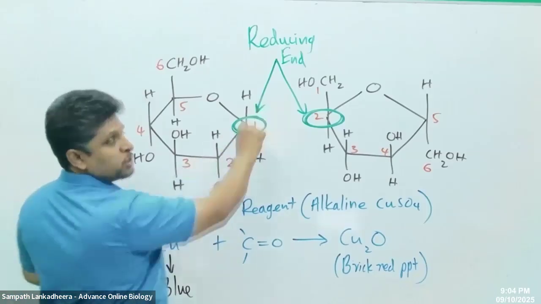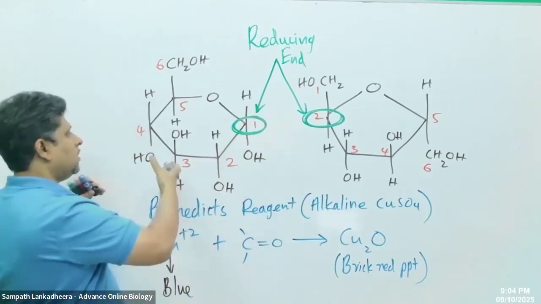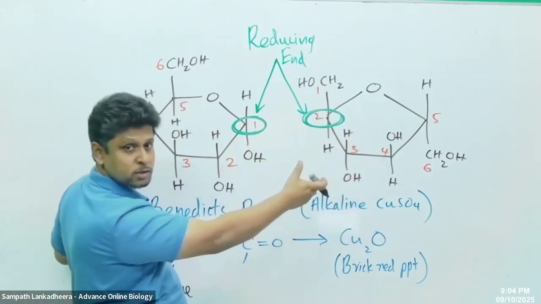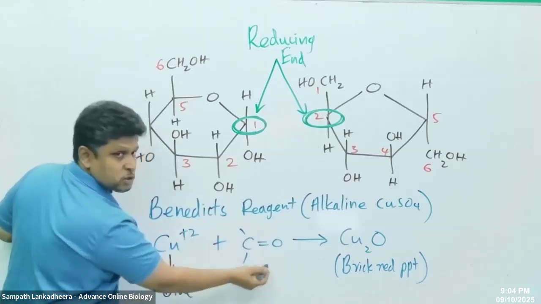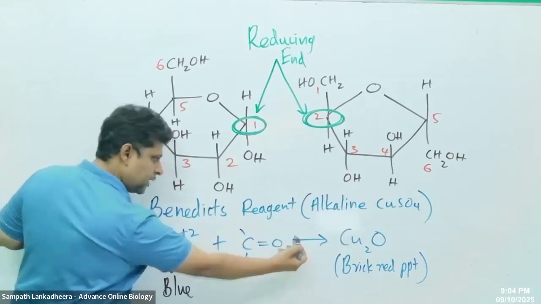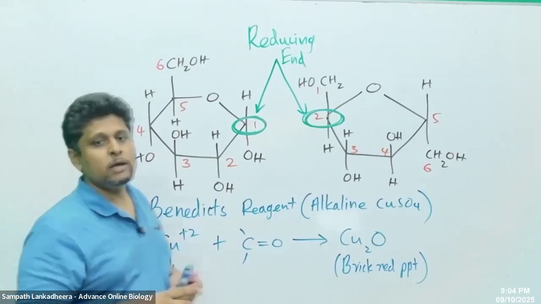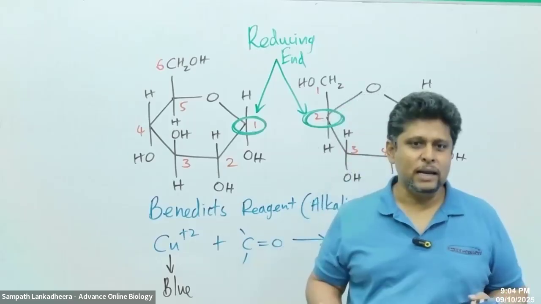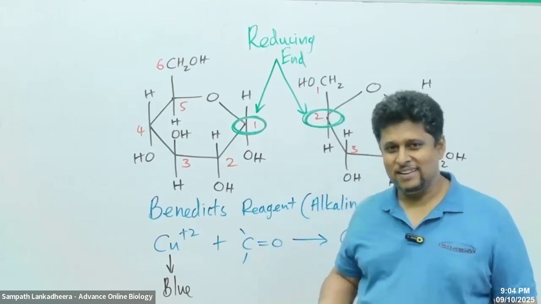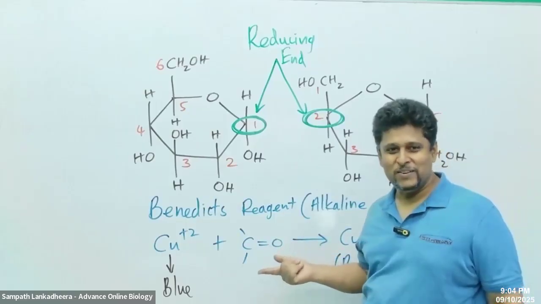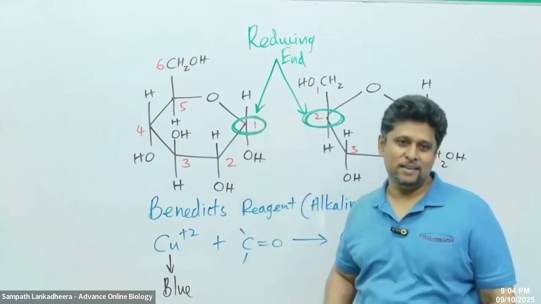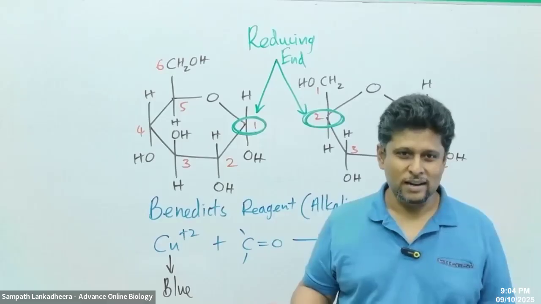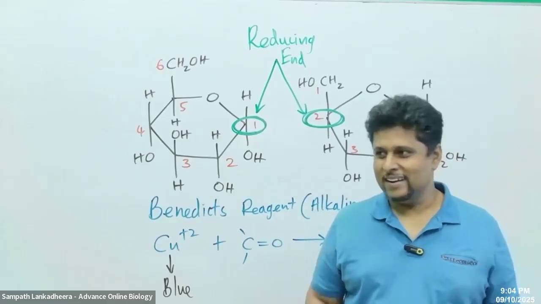So when a reducing sugar is present, it can be glucose, galactose, or fructose, they provide this group to the medium so that this reaction can proceed. So if a brick red precipitate forms, there is a color change. When a color change occurs, the reducing sugar is there. All monosaccharides are reducing sugars. Clear? Okay.